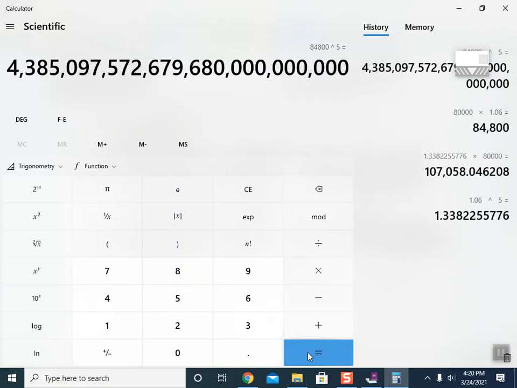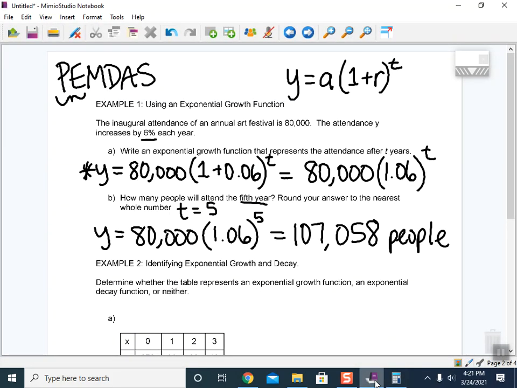This is what happens when you do that, right? This is an outrageous number that makes no sense whatsoever. Okay, so this is why order really matters with what we're doing, because this answer is completely wrong. Completely wrong. So make sure you're really breaking it down step by step when you are punching this in your calculator.